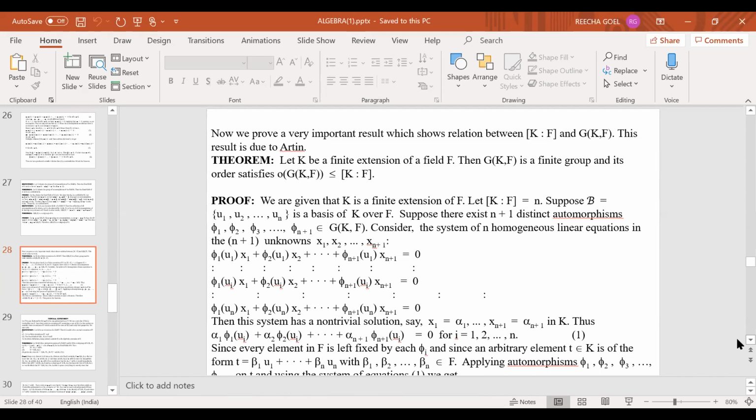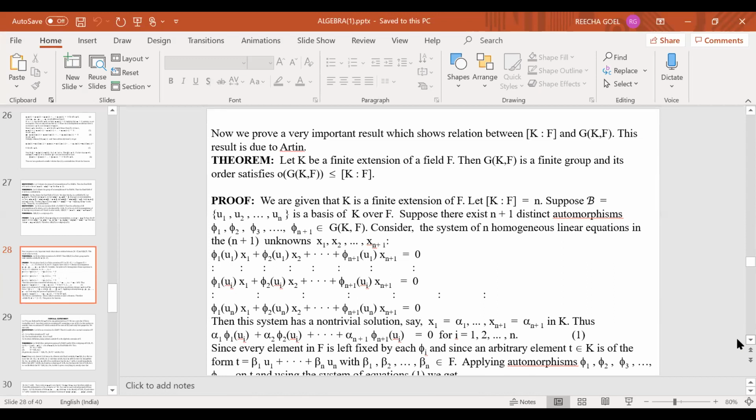Then likewise phi 1 u2 x1 plus phi 2 u2 x2, and so on. And lastly, phi 1 un x1 plus phi 2 un x2 up to phi n plus 1 un x n plus 1. Now, these are n equations in n plus 1 unknowns, so it always has a non-trivial solution by ordinary matrix algebra.